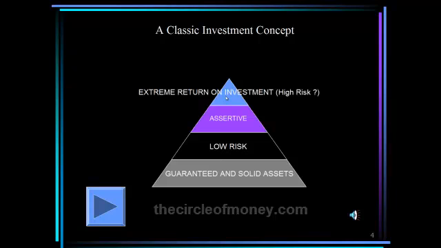So basically what I'm saying is that what we want to do is increase the guaranteed and solid assets on the bottom, where you classically get your 5% annually. We want to increase that asset base by simply using a smaller portion of our assets that normally would be in an extreme risk environment.